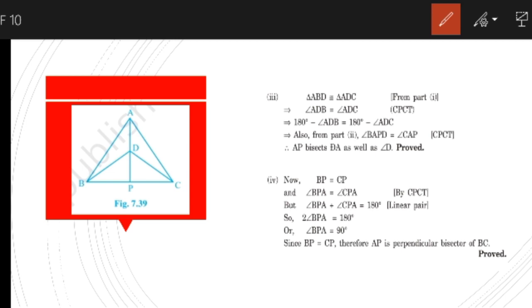Here the third, we need to show that AP bisects angle A as well as angle D. From the first congruency, we can say that triangle ABD and triangle ACD are congruent from the first proof that we have done.